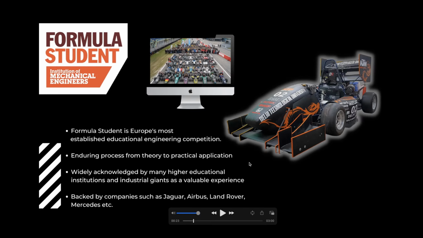It's also backed by companies such as Jaguar, Airbus, Land Rover, Mercedes, etc. So this competition is the highest pinnacle of student racing that a team can achieve, and winning this competition is exactly what we're aiming for. We'll get into the events that happen in this competition on the next slide.